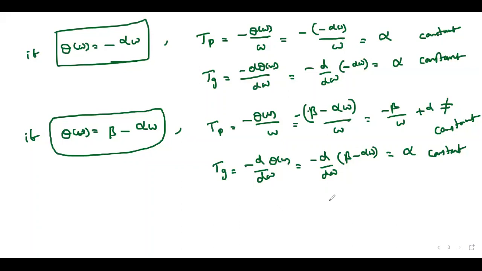Okay, these are the characteristics of linear phase FIR filter, group delay and phase delay. Now, with this linear phase characteristics, let us find how the impulse response should be for the linear phase FIR filter.